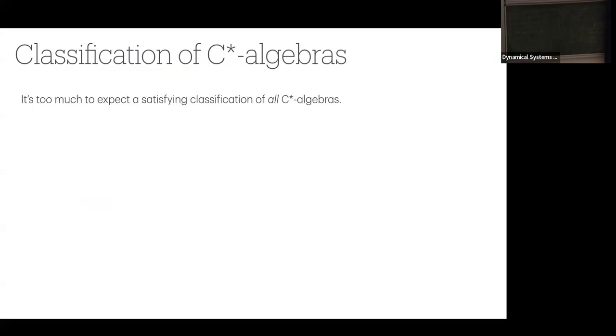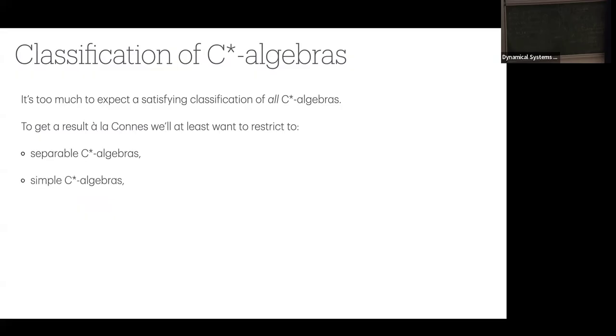Okay, so it's much too much to expect satisfying classification of all C-star algebras. There's simply too many. If we want to get a result a la Connes, we want to restrict a little bit. So for example, we're going to stick to separable C-star algebras, so countable dense subset. We want to look at the simple ones because if we can't do those, we're not going to get very far.